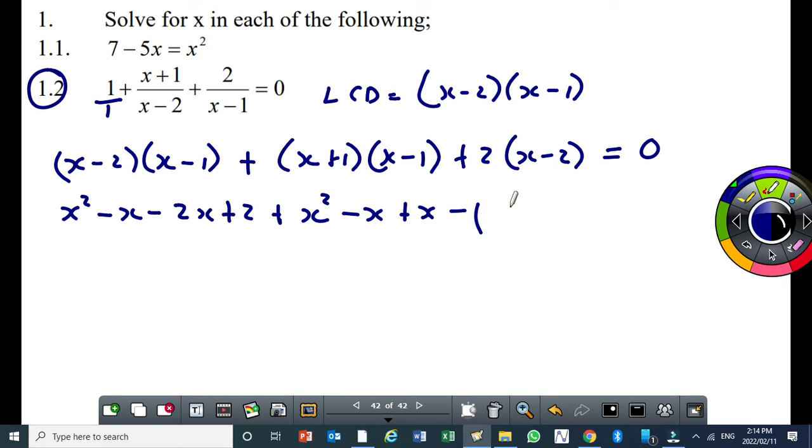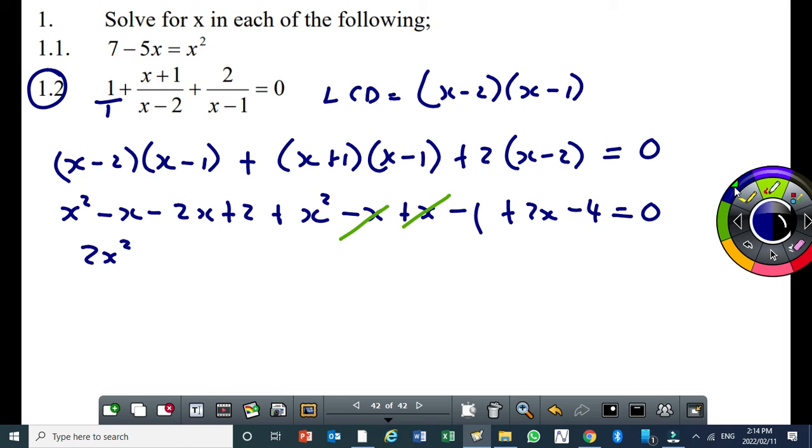Minus 1 plus 2x minus 4 equal to 0. Right? Then we've got x squared, and x squared will give us 2x squared. Right? Please be aware that these two will cancel out. So I'll have minus 3x plus 2x. That will give us 5x.